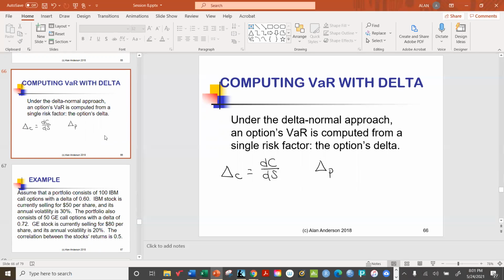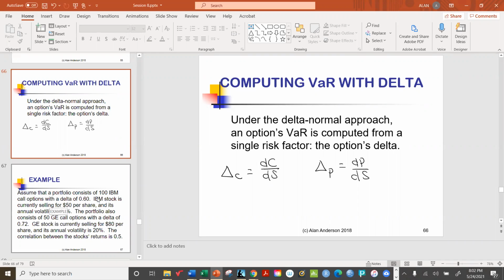And the delta for the put is the change in the put price given a particular change in the stock price. So what we're going to do here is see how you could calculate the VAR of a portfolio that contains options by adjusting the formula to incorporate these deltas.